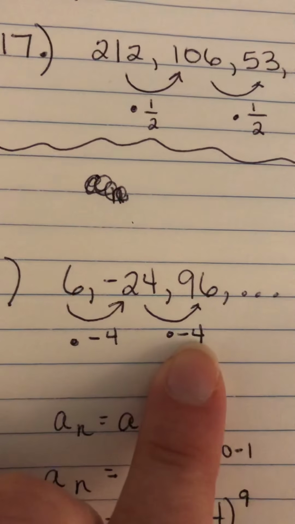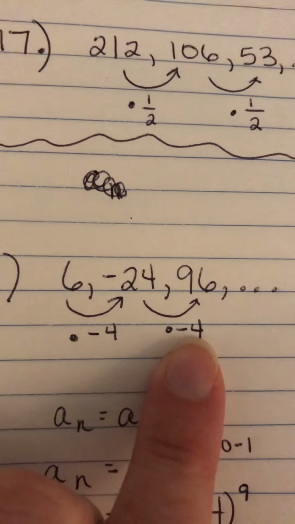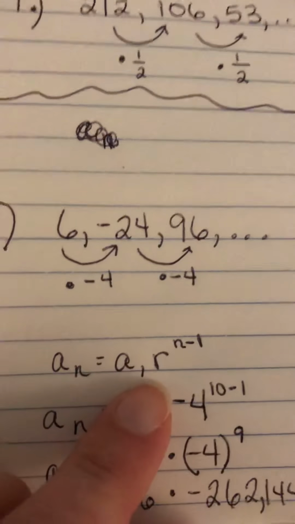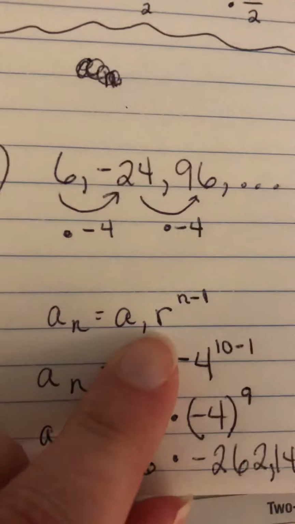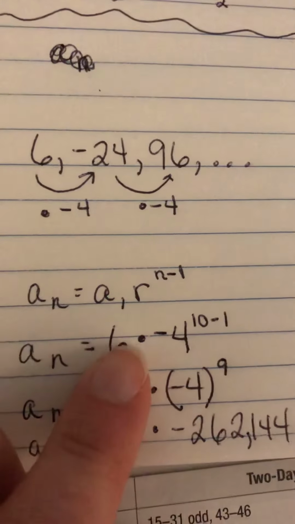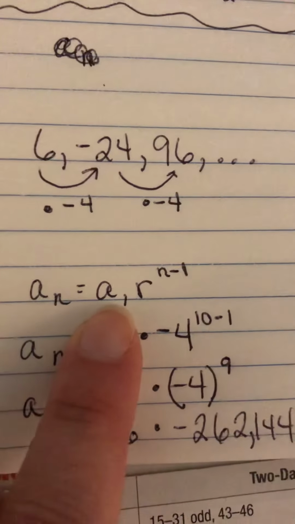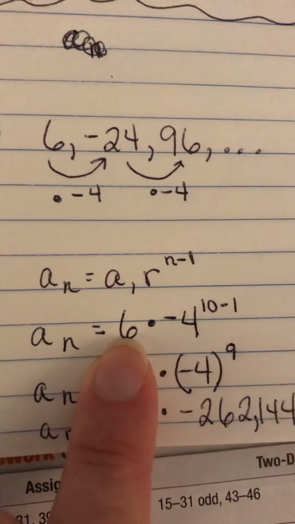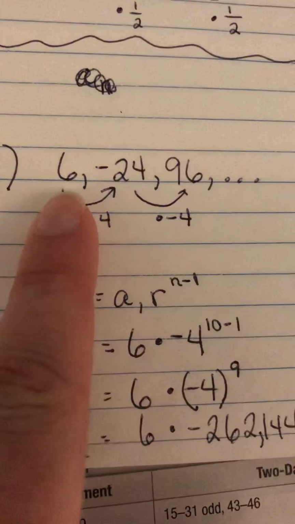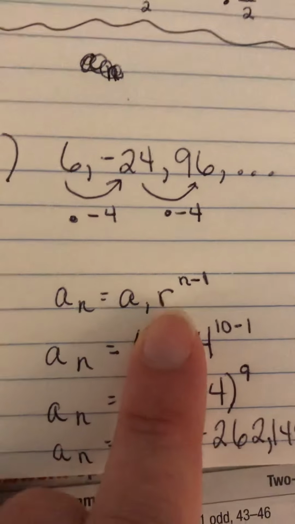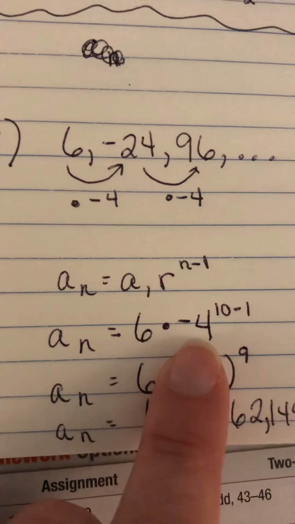So again, the question was, what would be the 10th term of the sequence? So I had to go use our equation here, and I had to go input everything we were told. So 6 is here because that's representing the first term. The first term is 6. It's just the first number of the sequence. The common ratio, R, would be -4.